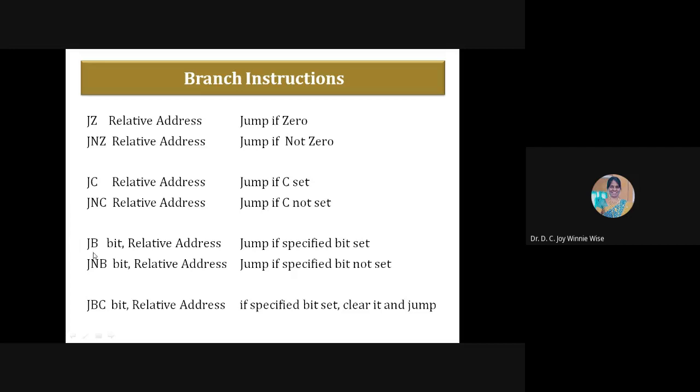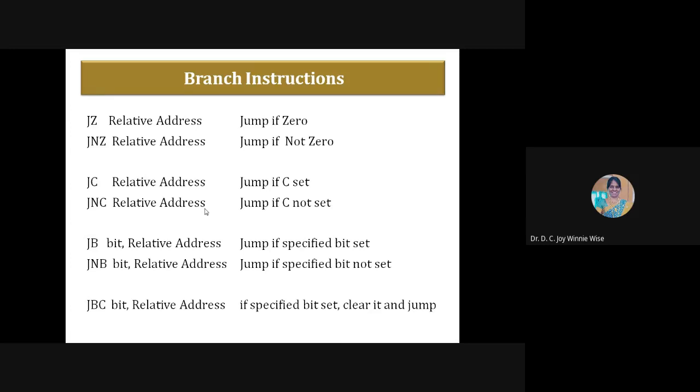So you know this. These are the two sets of instructions, same as the 8086 processor. Next one is jump if the specified bit is set. The syntax will be JB. So here in JB, if it is a particular bit, you can write ACC.1, that is the first bit of the accumulator. JB ACC.1. So if that particular bit is set, we have to jump to that relative address. Okay.